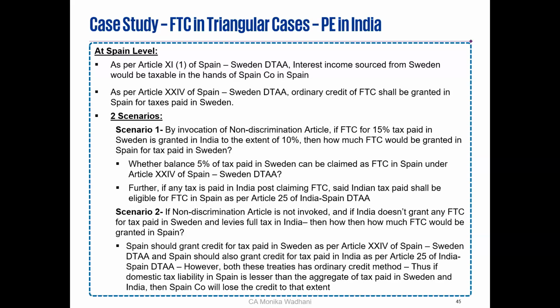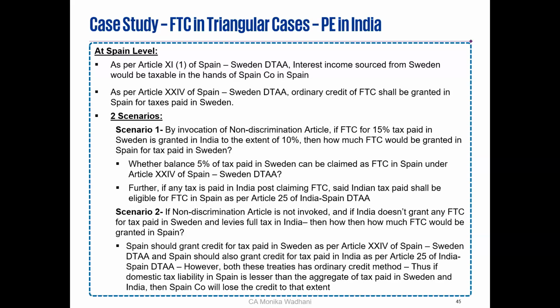So if India is granting that FTC by invoking the non-discrimination article, say to the extent of 10%, then the balance 5% of taxes withheld in Sweden should be eligible for credit in Spain by virtue of Article 24 of the Spain-Sweden DTAA.